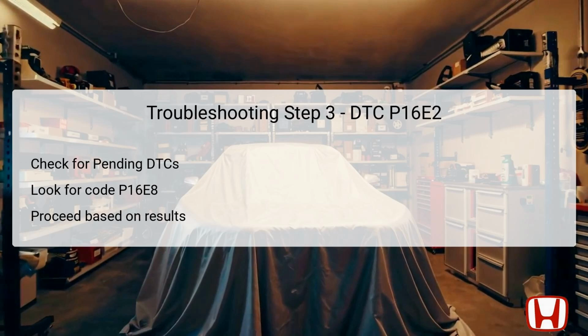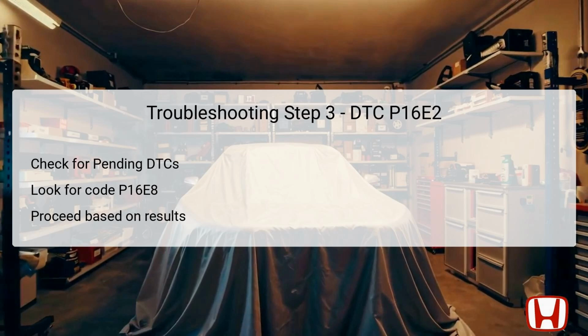Continuing with the troubleshooting for DTC P16E2, the next step involves another scan for any pending DTCs using the HDS. Particularly, you will look for DTC P16E8, which is associated with a PGM-FI shutter grille LIN communication error. This is significant because any additional communication errors listed will help narrow down the focus for repairs.